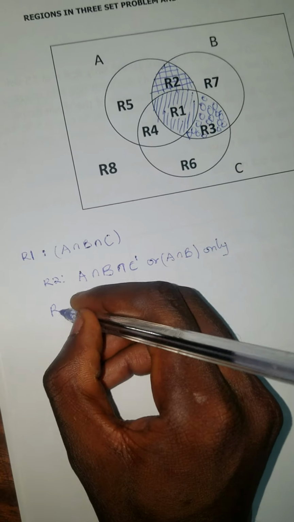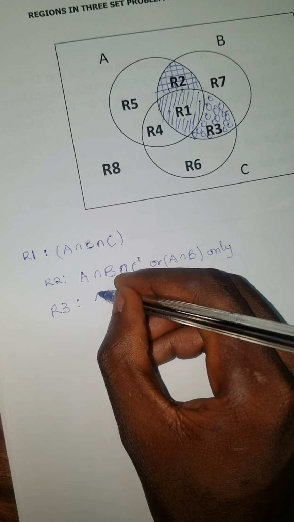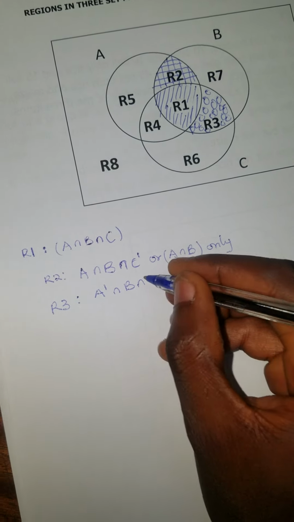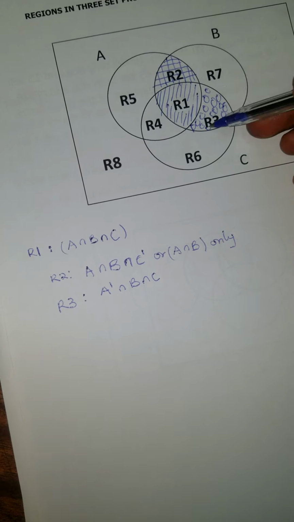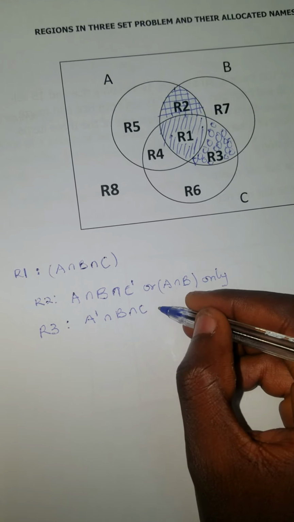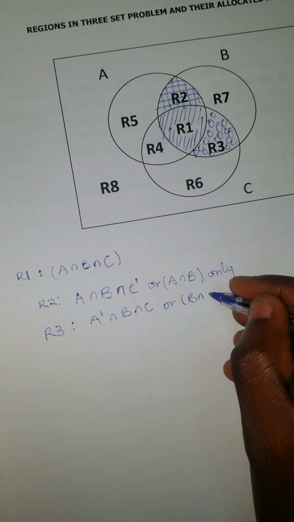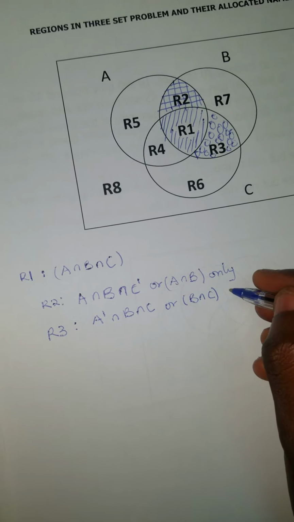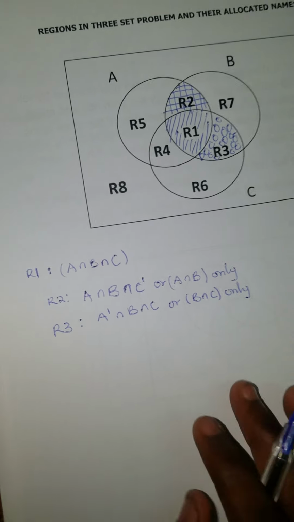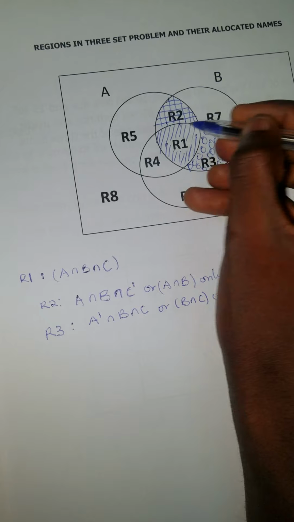Our region 3 is A complement intersection B intersection C. This region here, which I've shaded with the smaller circles, is A complement intersection B intersection C, or you can also say B intersection C only.